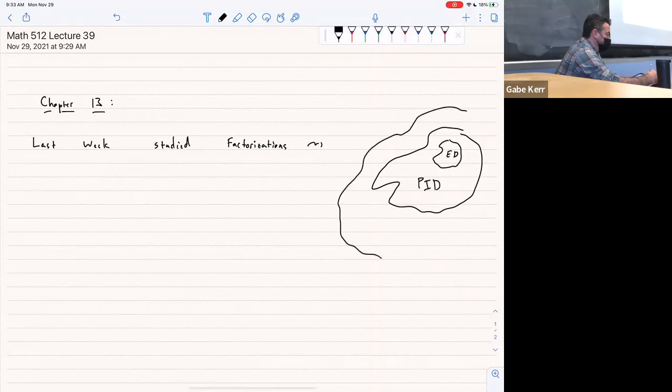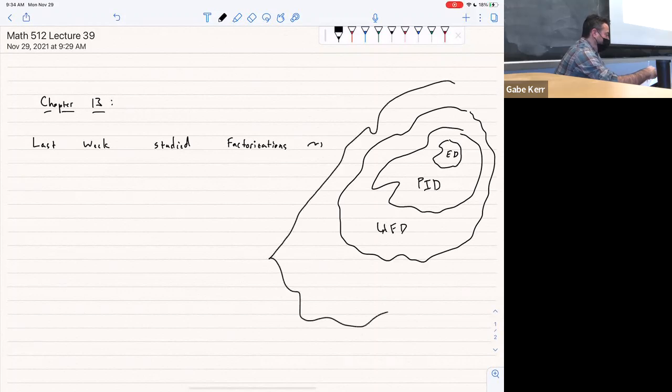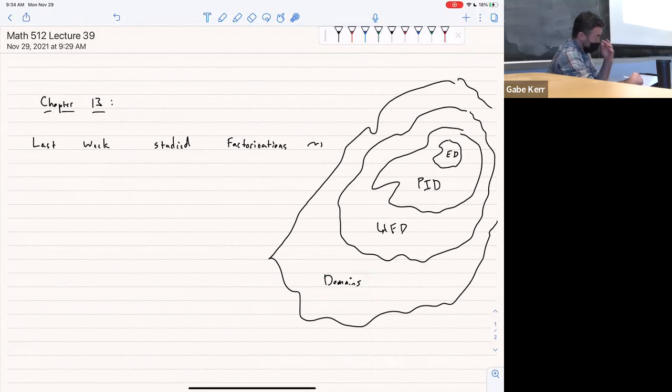And these are inside of this world of unique factorization domains. The outer shell is very big, like the sizes of the sun versus the earth or something. This is a much, much larger world than this. This is a much larger world than this, and so on and so forth. This actually is a very, very small world.